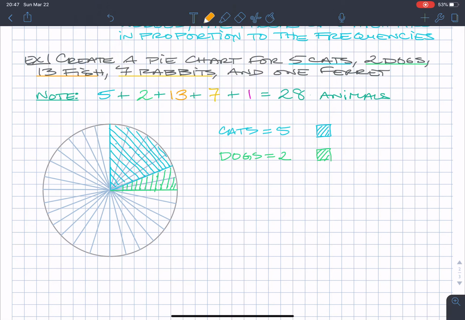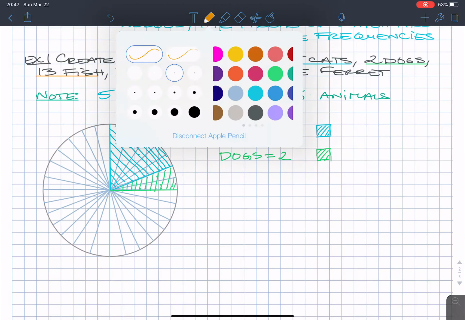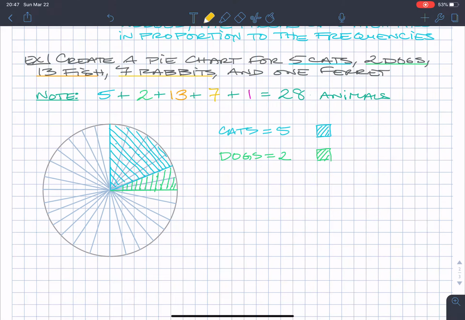Let's do the rabbits next. That was 7, so that'll be our yellow. So 1, 2, 3, 4, 5, 6, 7. So now I'm going to color 7 out of 28. Well, that's a perfect quarter, thank goodness. So I can kind of make this look somewhat okay.